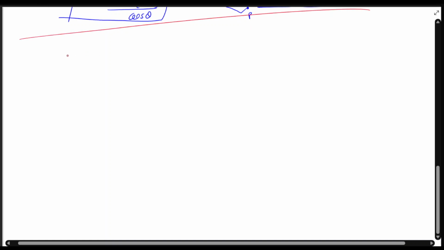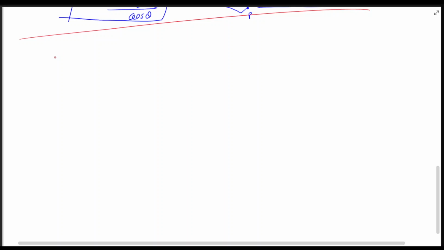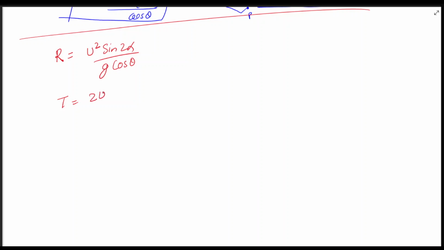From the box perspective, the particle has traveled u square sine 2 alpha divided by g cos theta, and that time of flight was 2u sine alpha divided by g cos theta.